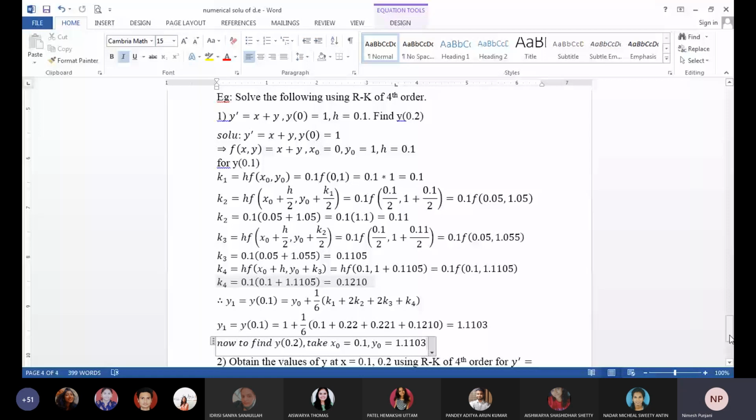So the same formula we can remember. Otherwise, if it is written in iterative form, every time the notation will change and it will create confusion. So we stick to one formula. We just change the value of x0 and y0. Take x0 as 0.1, that is nothing but the value of x1, and y0 as 1.1103, that is nothing but the value of y1.